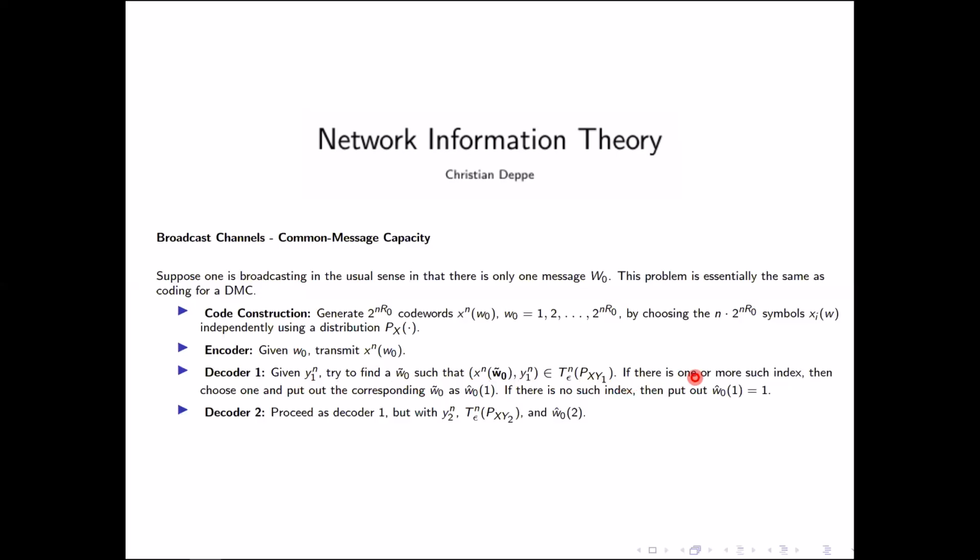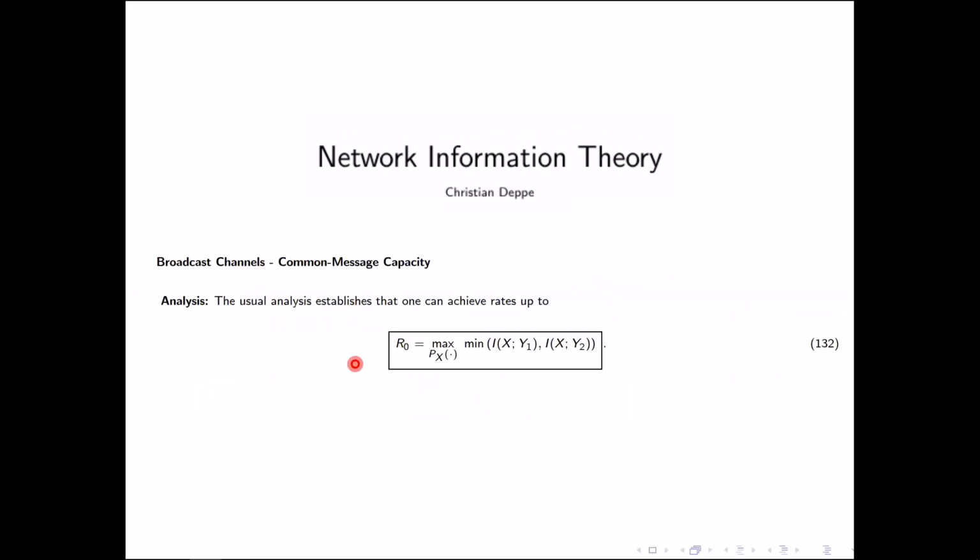If there is one or more such index, then choose one and put out the corresponding W0 tilde as W0 hat of 1. If there is no such index, then you just put out 1. The same is done by decoder 2, but with y2^n, and of course he checks if this is jointly typical with respect to x and y2.